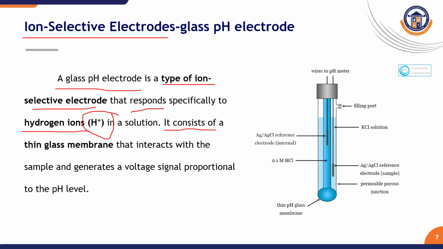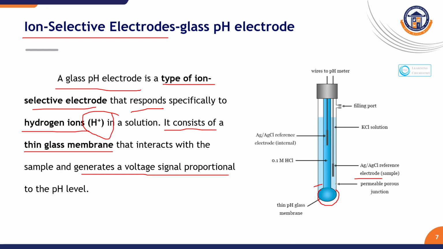It consists of a thin glass membrane, a very thin glass membrane. It interacts with the sample, which is the solution we are taking now, and generates a voltage signal which is proportional to the pH level.